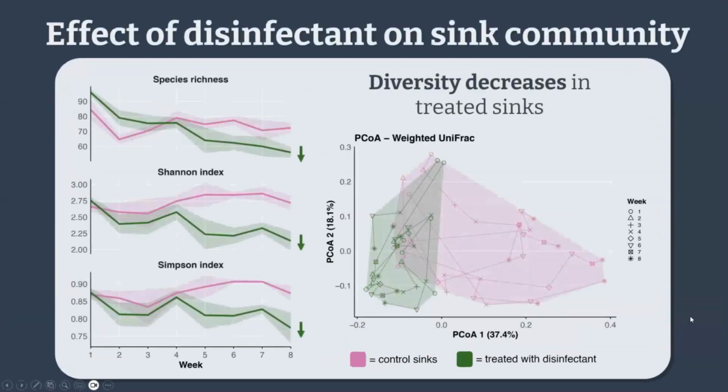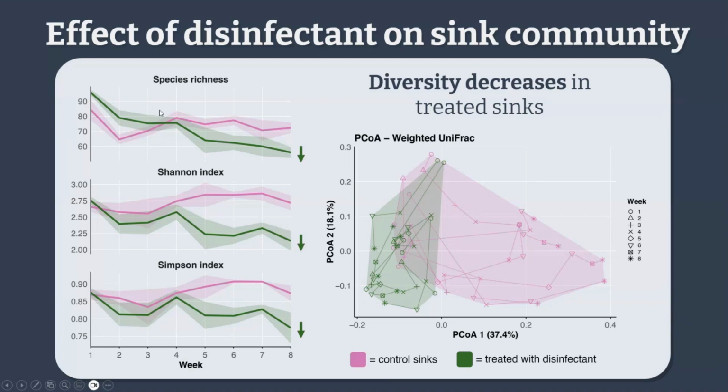So this is some very preliminary data that I've been working on in the last couple of weeks. Basically, I sampled those sinks every week, and we've done some metagenomics on these longitudinal samples. In terms of diversity, we can see that the disinfectant did have an effect on the community in these sinks.